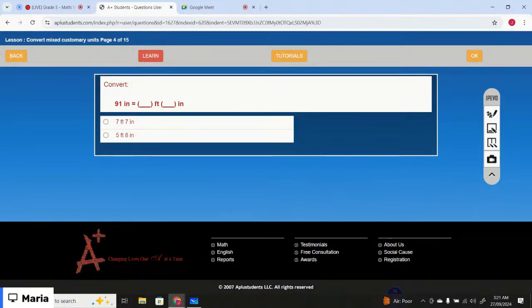The next one is 91 inches. You have to convert it into feet and inches, right? 1 foot equals 12 inches.